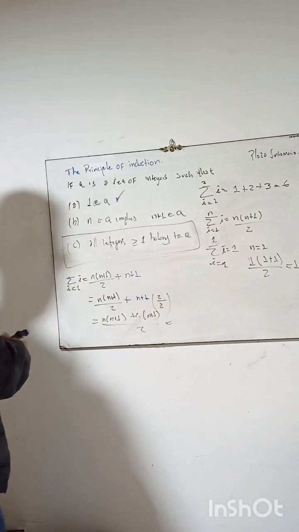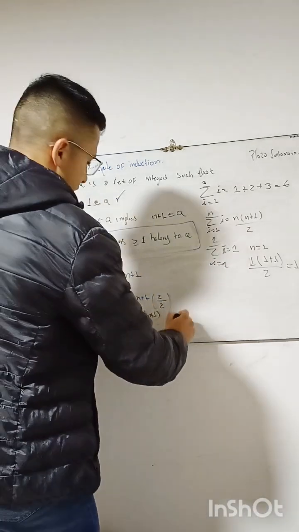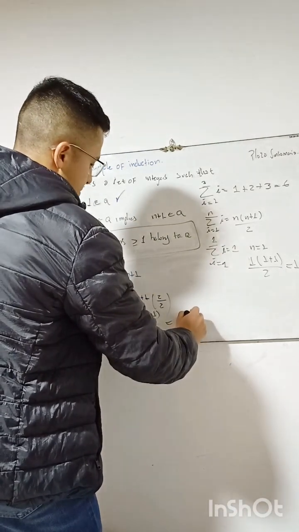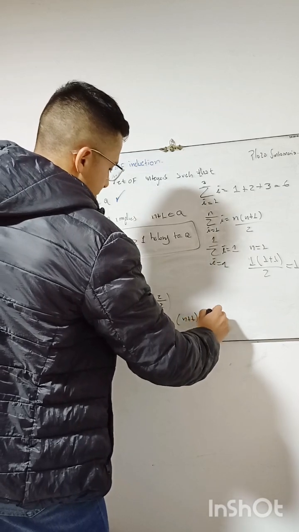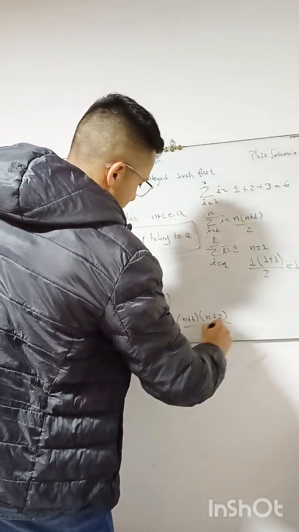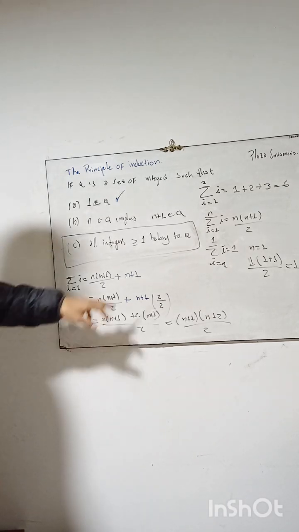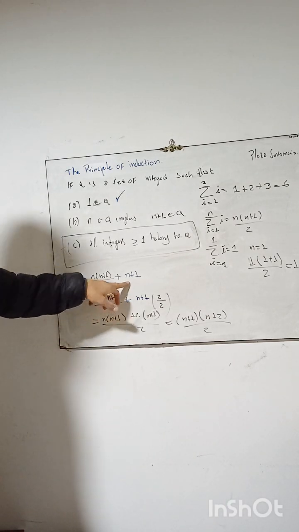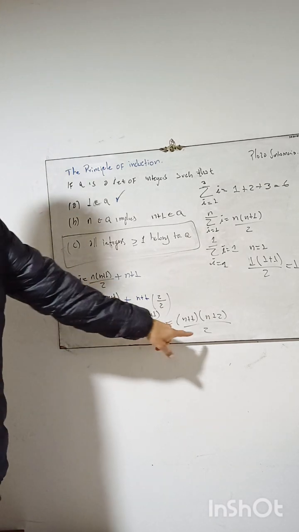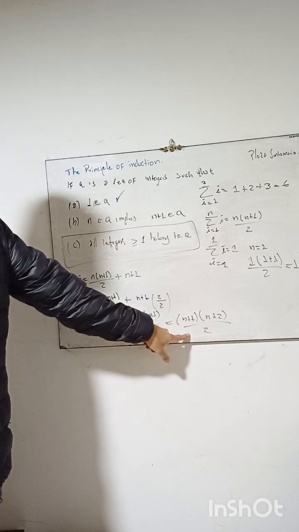I applied the associative property. So when I add the next integer, the formula is this one.